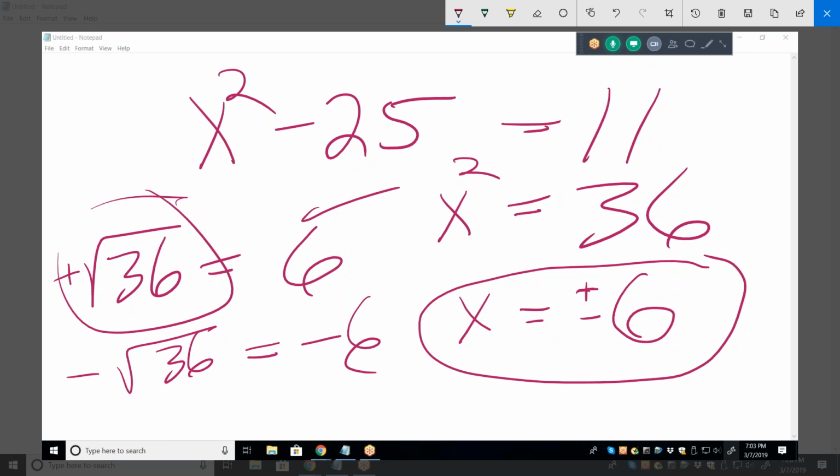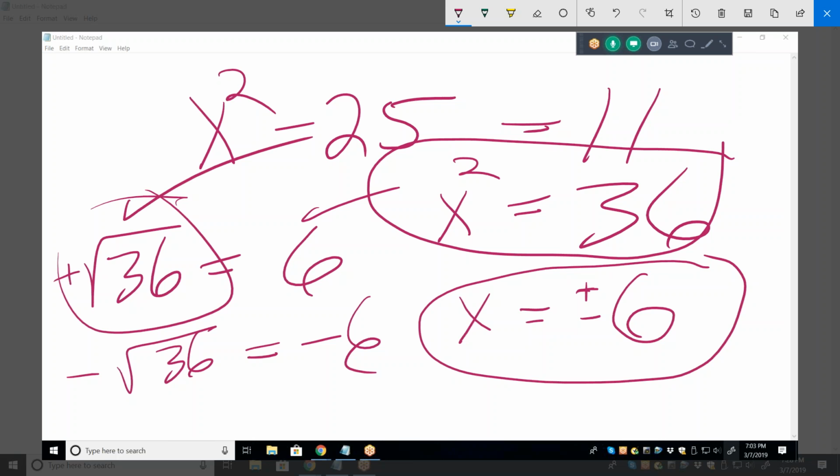But when you are solving an equation by taking the square root of both sides, it's a whole different story. When I take the square root of x squared, I get x. But when I take the square root of 36, I get two answers. I get plus 6 and minus 6, which is a different problem than that over there.